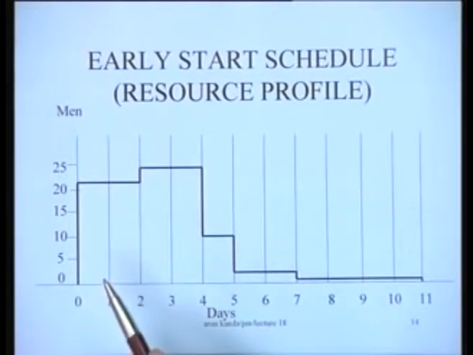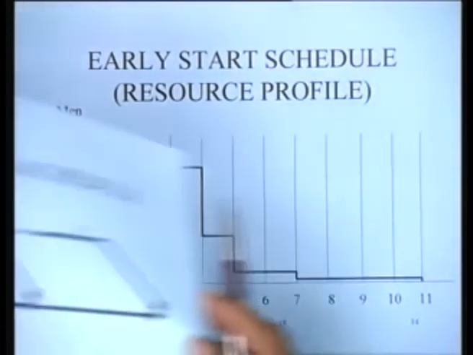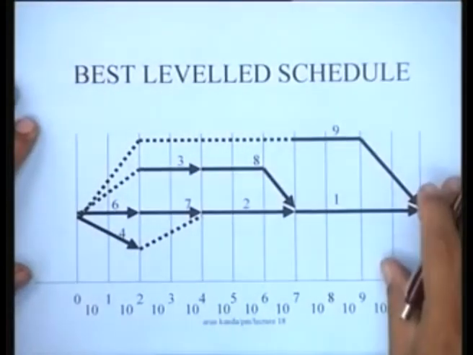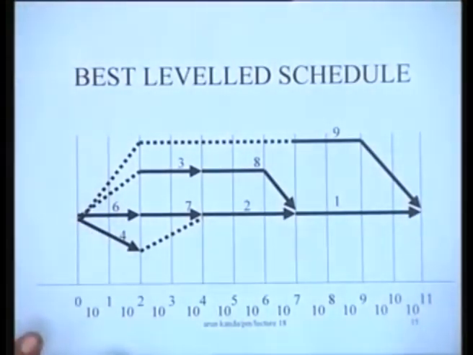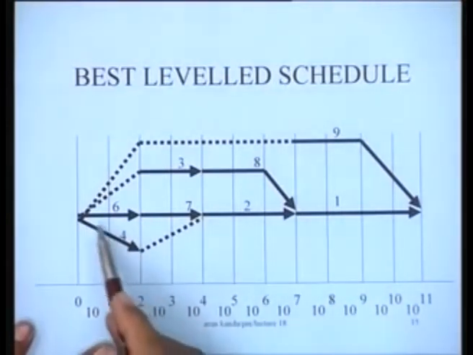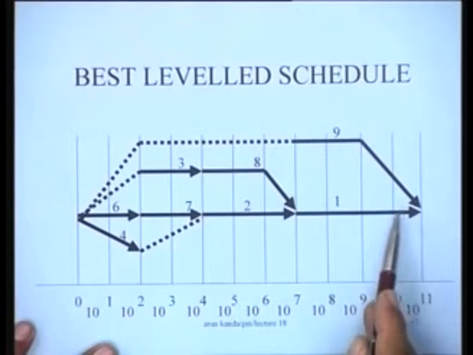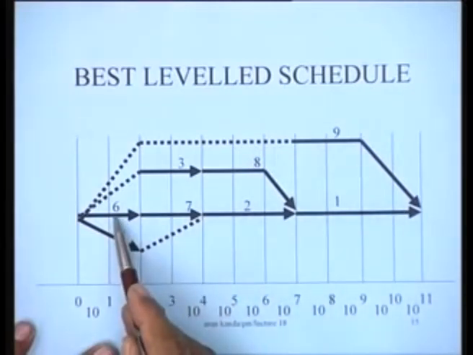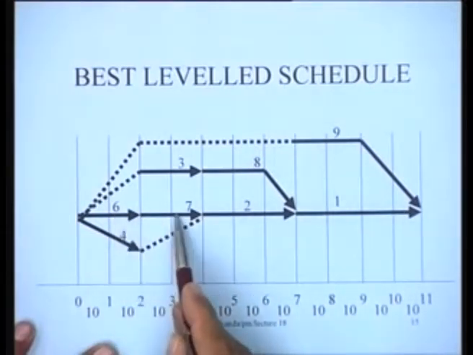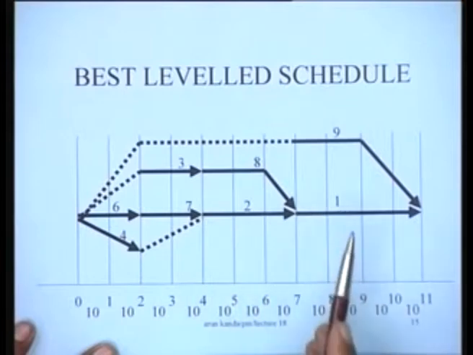For this particular example, if we look at the best leveled schedule, notice what we have done. The critical path remains the same. The activities here are 6, 7, 2 and 1.